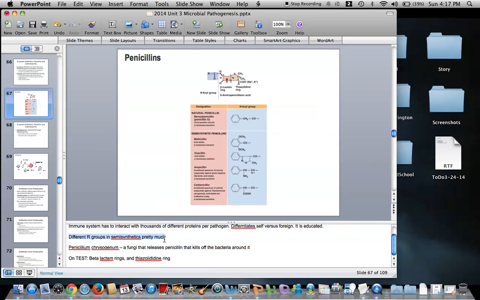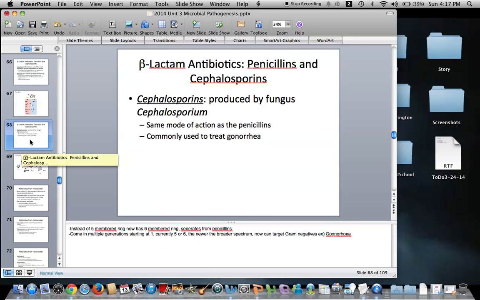Different R groups in semi-synthetics are pretty much, so on this one the R group is right here, and by changing that R group you change its ability to cross barriers and get into places. Diazolidine ring. Oh, and it's got a 5-membered ring, which is different from the cephalosporins, which have a 6-membered ring.